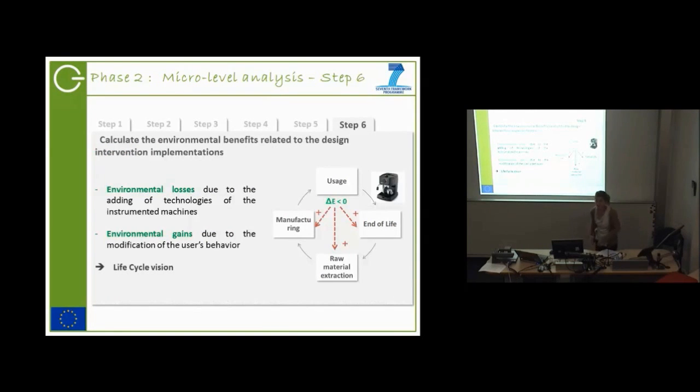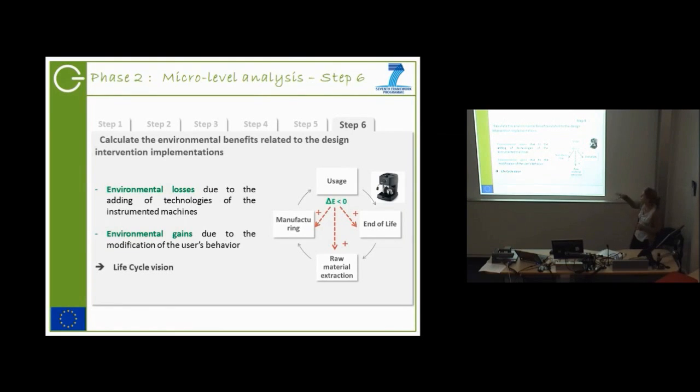So finally, in order to implement the results into design activity, we need to calculate the real environmental benefits related to the design implementation. So we need to balance the environmental losses from the technology we have added to the machine, such as sensors and screen, with the environmental gains due to the modification of user behavior.